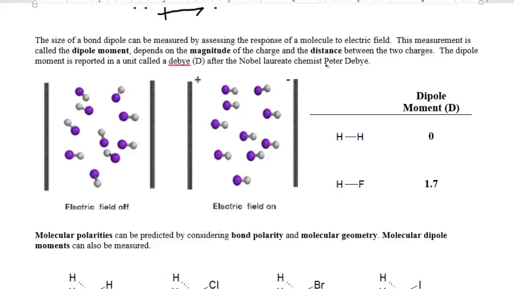You can see that the fluorine is represented by the purple, the gray is the hydrogen, and the molecule is oriented in a random way. If we then turn on the electric field so that one of the plates is positive and one of the plates is negative, the molecule will align itself such that the more delta negative will be oriented towards the positive plate. In other words, the fluorine will be oriented towards the positive plate, and the delta positive will be oriented towards the negative plate.